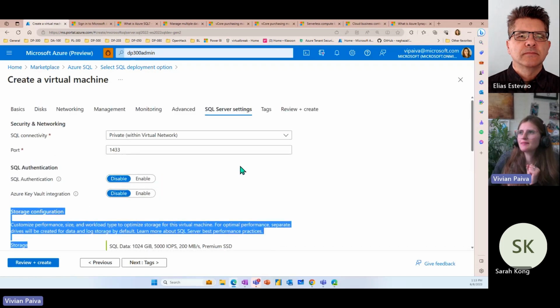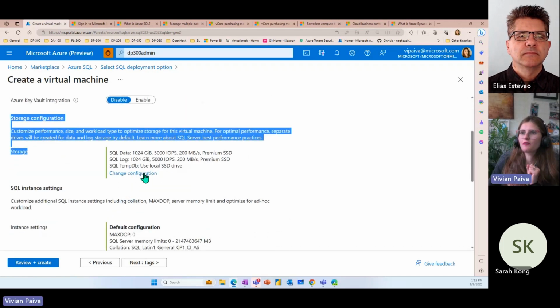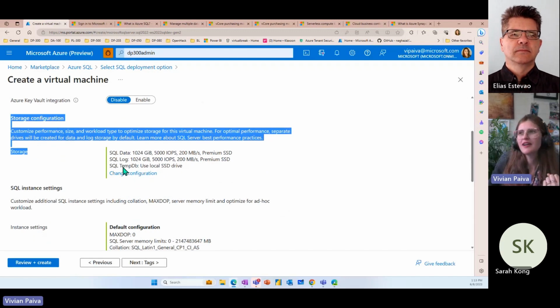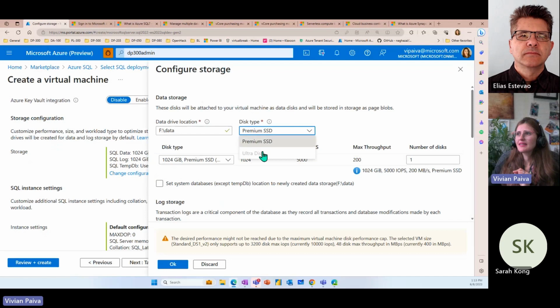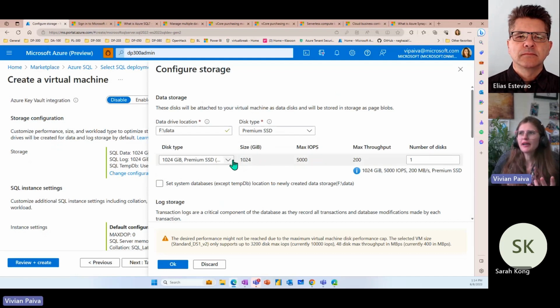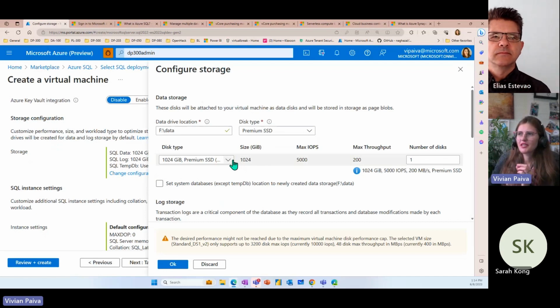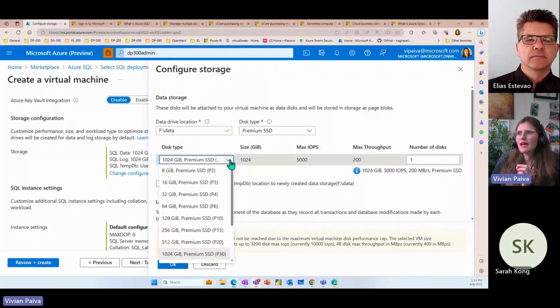So if I go to that possibility of enhancing the storage configuration for SQL, if I go to change configuration, you see here I have a Premium SSD. The size does not support Ultra Disk, but let's say that I want to provision 4 TB of disk for this machine, but I don't want to provision a 4 TB disk.